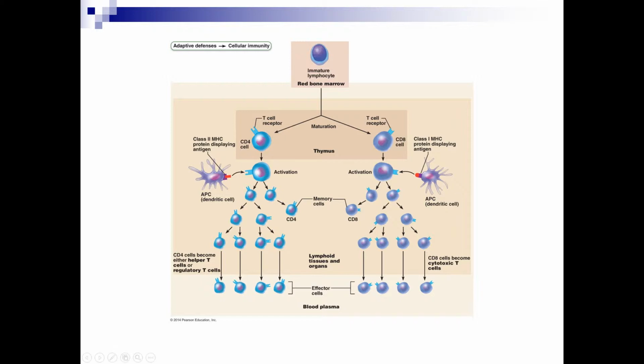So our infected body cell will have a unit just like this as well, with an antigen held in place by a class 1 MHC protein. So wherever a cytotoxic T cell sees this unit right here, then it will go and cause apoptosis, programmed cell death.